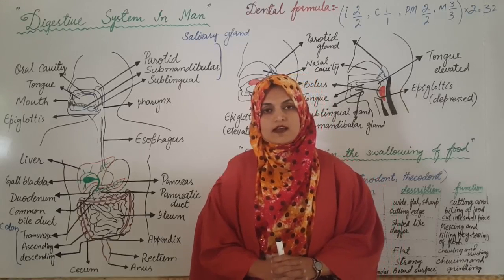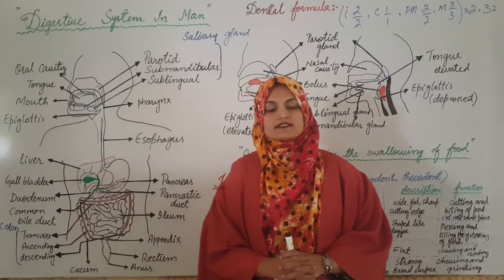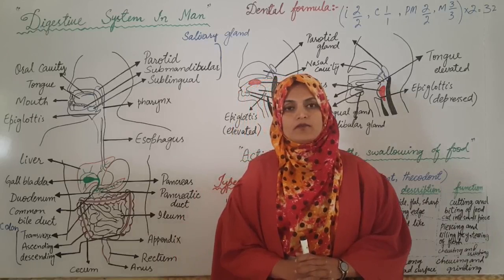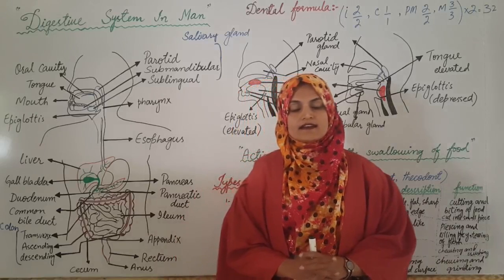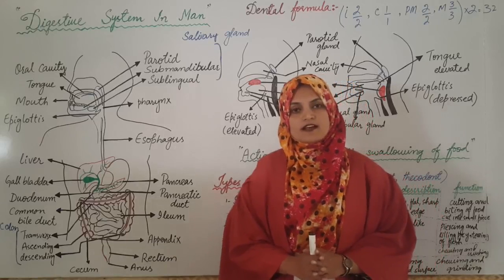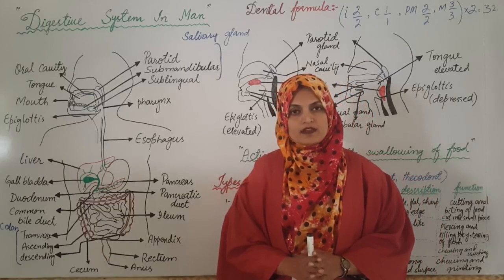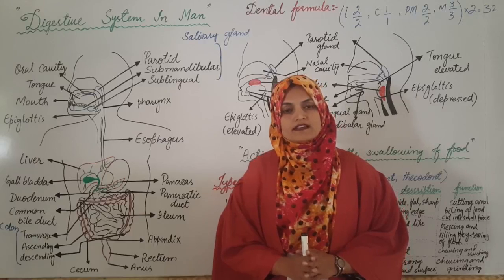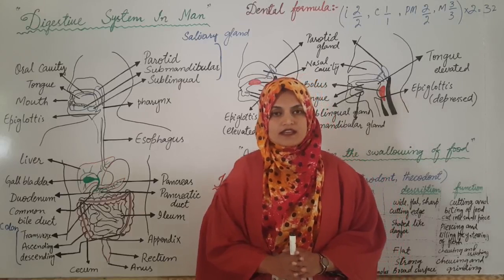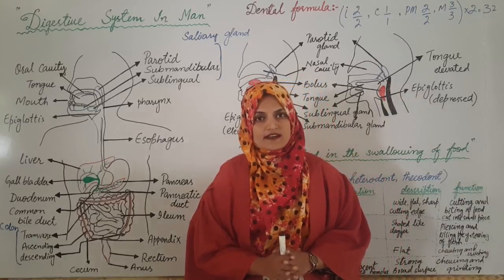The digestive system in man is complete, meaning it consists of 2 openings, mouth and anus, and digestion takes place within the tube which is termed the gastrointestinal tract. This tube is completely separate from the body cavity and the whole digestion takes place within the gastrointestinal tract.